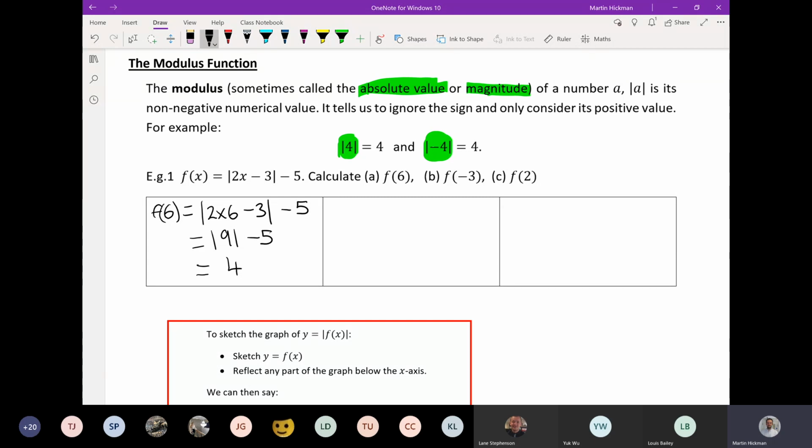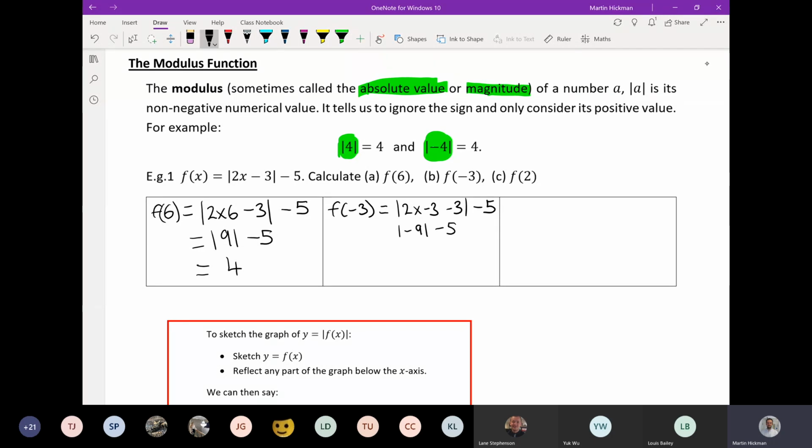But let's have a look at our second example. So we look at f of minus 3. What I'm going to do there is just do 2 times minus 3 within that modulus, and then I take off the 5. The 5 doesn't have a modulus sign round it, so I just treat that as a -5 still. Within this modulus, I do 2 times minus 3, take away 3. Well, that's going to be -9, and then I have to take away the 5.